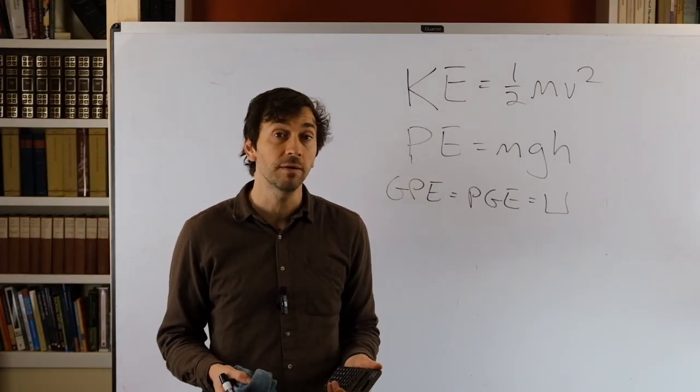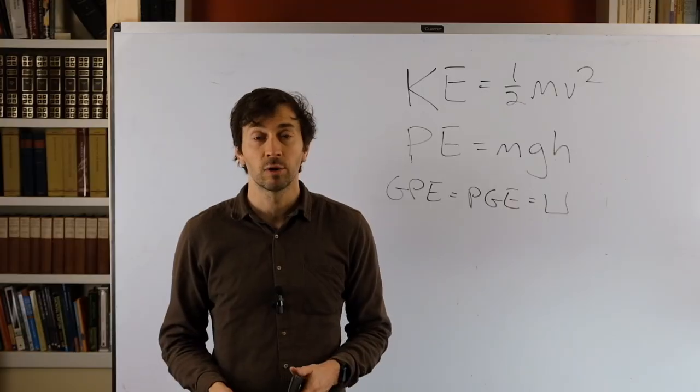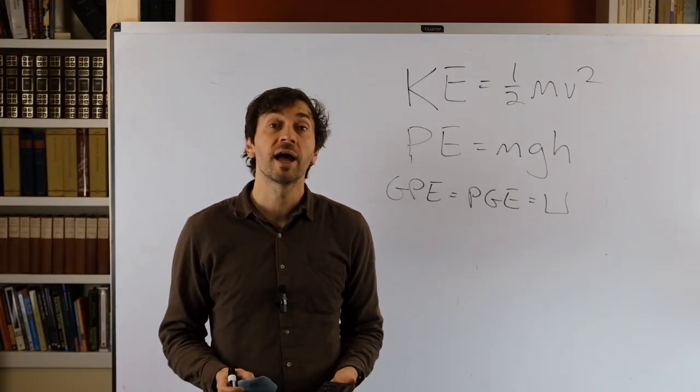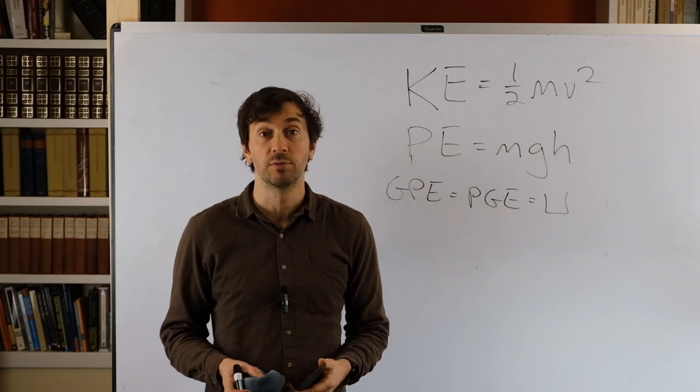So the first kind of energy is called kinetic energy. The energy of something moving. The second type is potential gravitational energy. The third kind of energy is the energy associated with a spring.